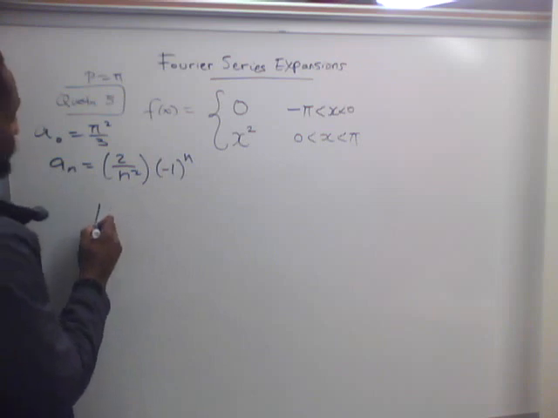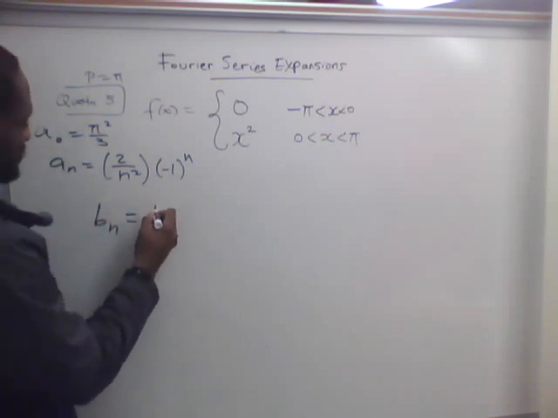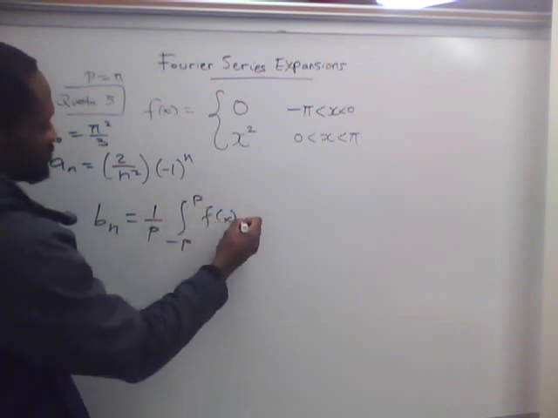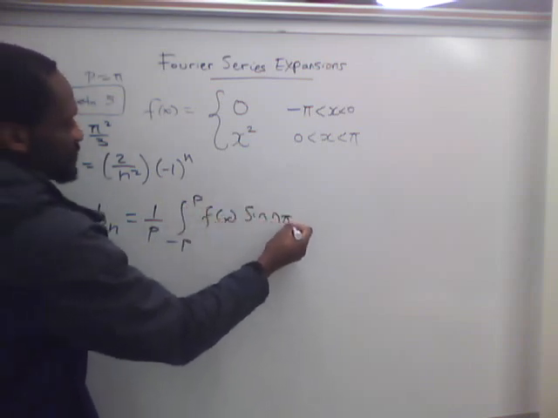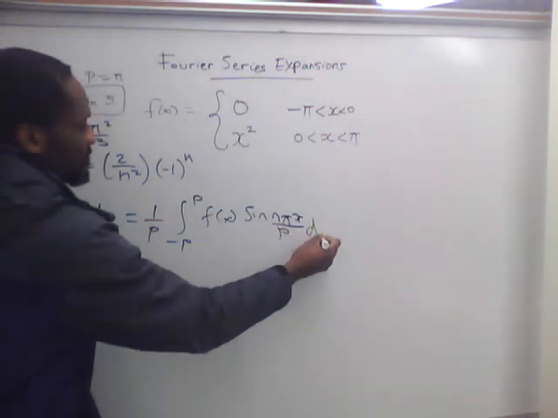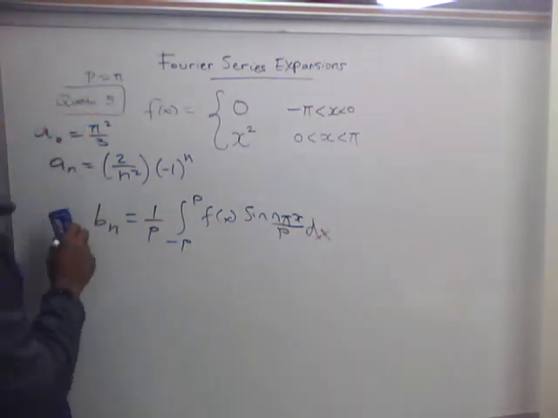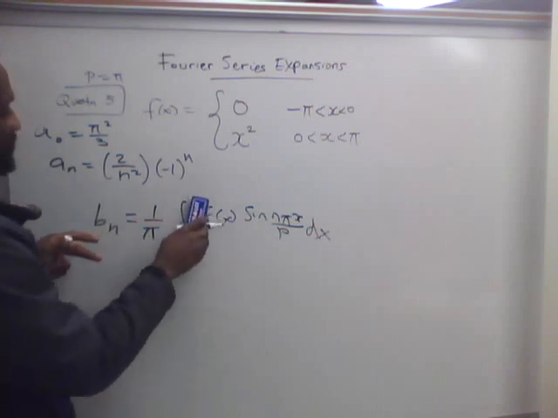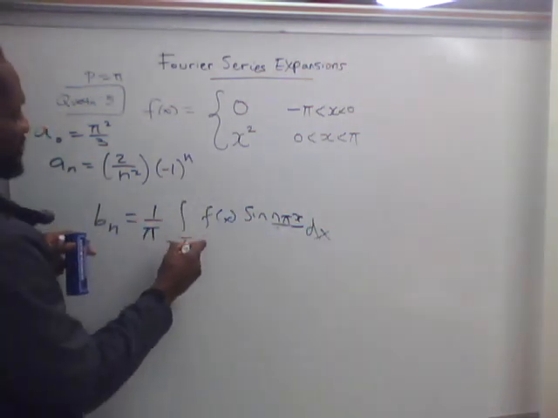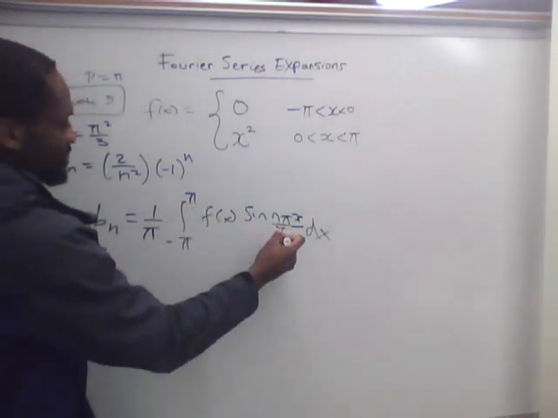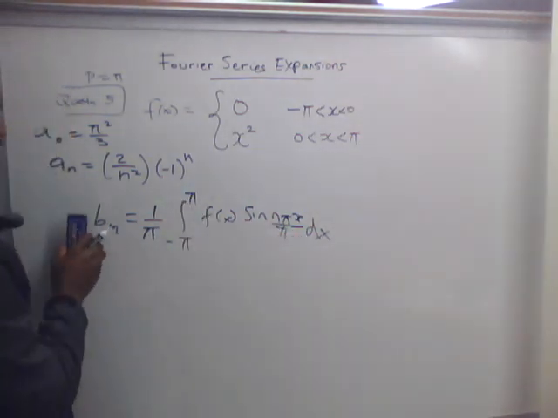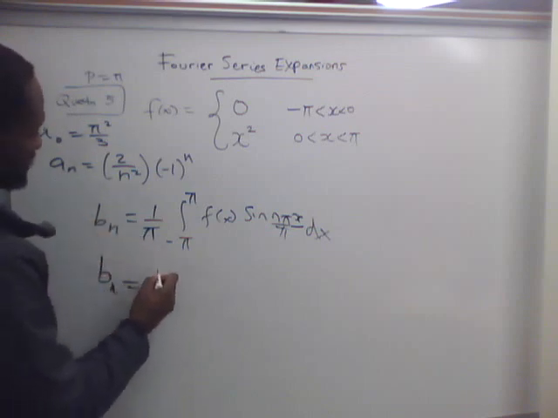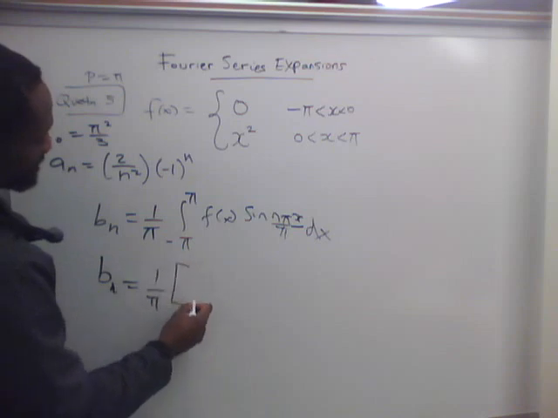So my Bn coefficients were defined as the inner product with the sine functions, divided by the norm. I know my p is pi, so just like before, I replace that, and now I can get my Bn as 1 over pi.